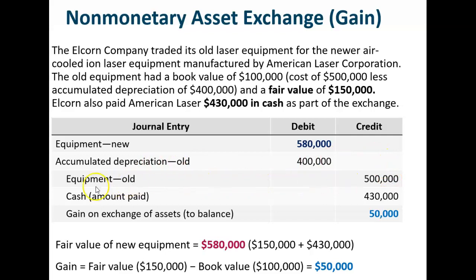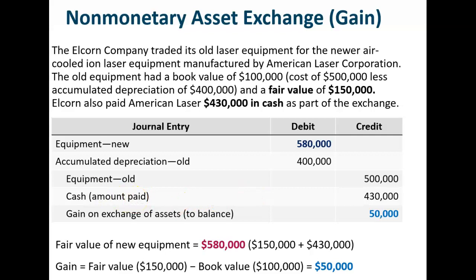These two debits and credits completely remove the old equipment from the books. Step 3. Record the amount of cash paid. $430,000 was credited to the cash account.